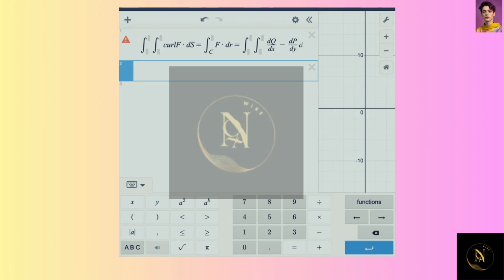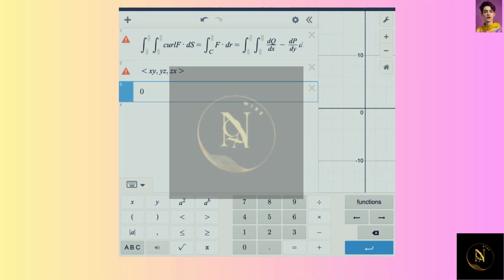Since F is a vector P, Q, R, the curl of F will be the partial derivative of R with respect to y. So let's start by looking at what F looks like. Keep in mind, this is P, this is Q, this is R. So R with respect to y, the partial derivative, will be 0.